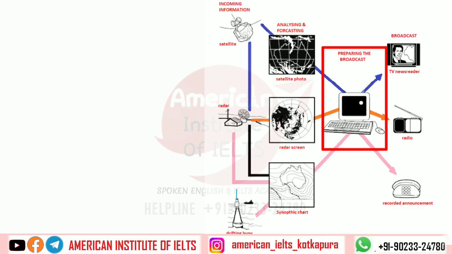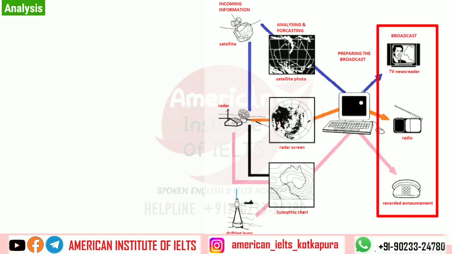This information is further passed on to the computer, which further transmits information to people through different media or different channels, which are news readers who give news to you in news bulletins, radio broadcasting is also there, and recorded telephonic announcements are also there.